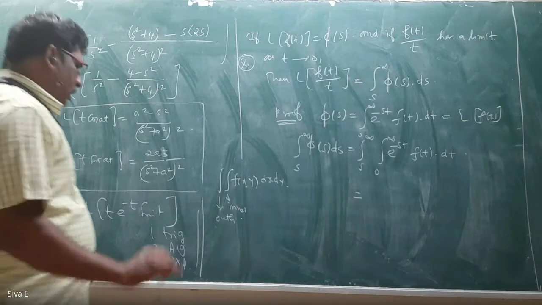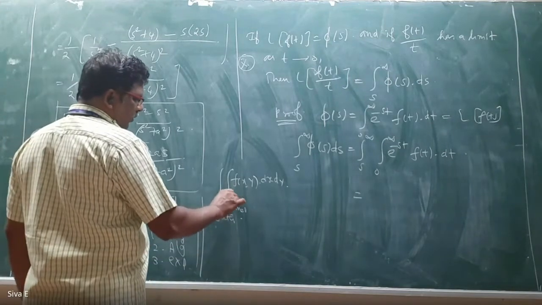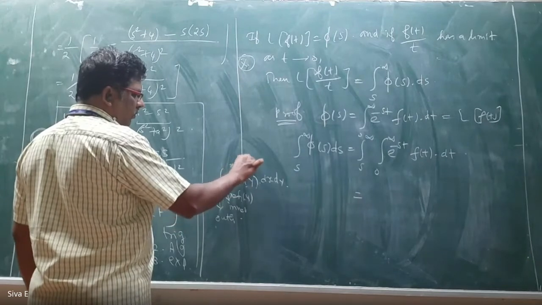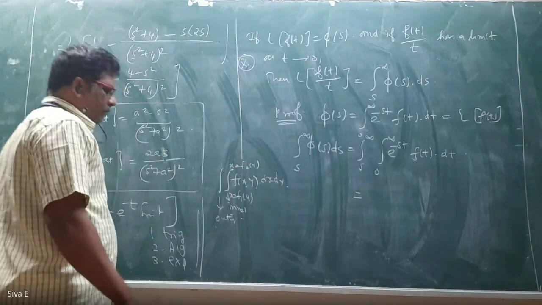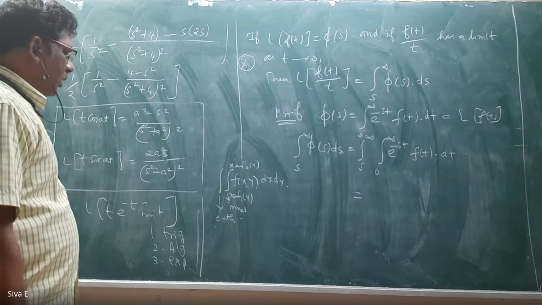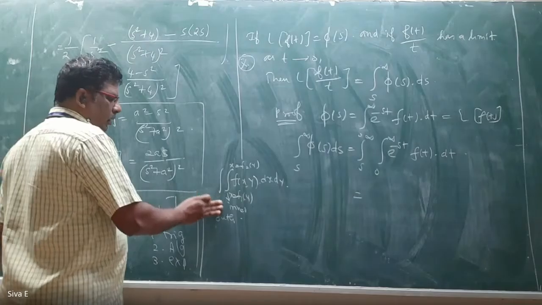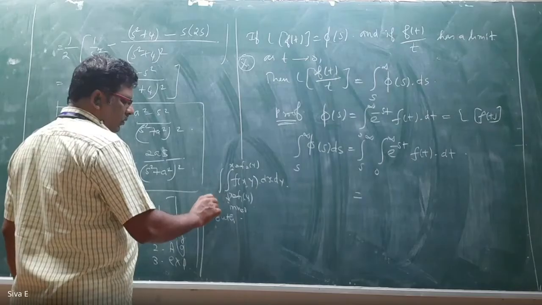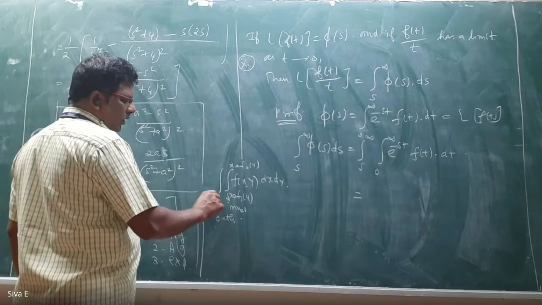Sir, in the inner integral, the limits must be of y, x limits. Excellent. X equals some f1 of y, x equals some f2 of y. Correct. Outer must be some constant, sir. Some constant value. Fine.